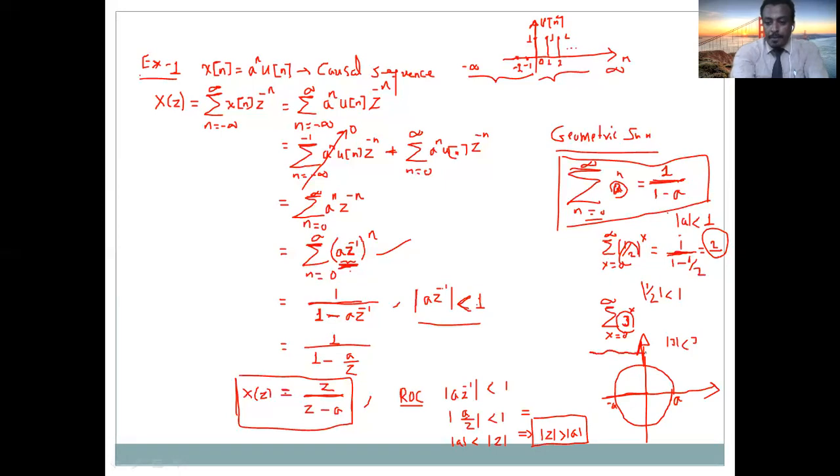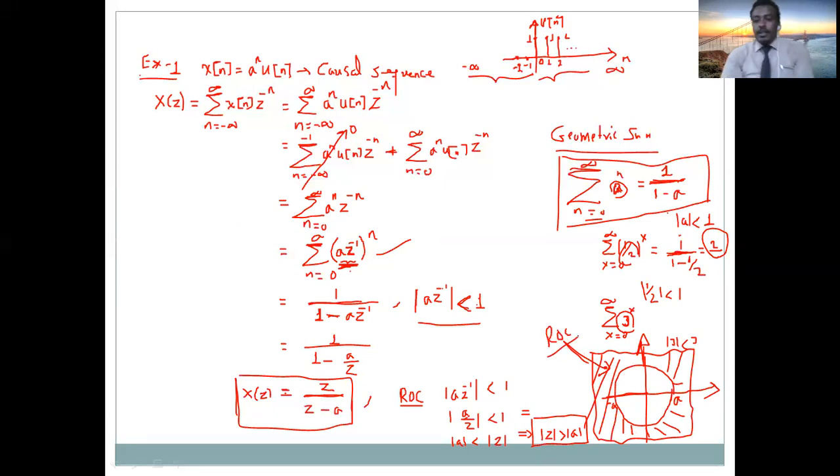Any z outside this circle, this region, we call the region of convergence. If the z value is inside this circle, the Z transform does not exist.